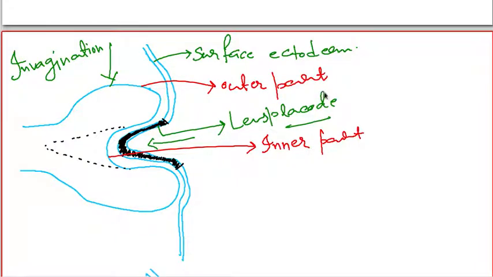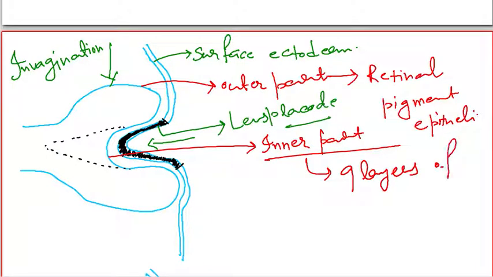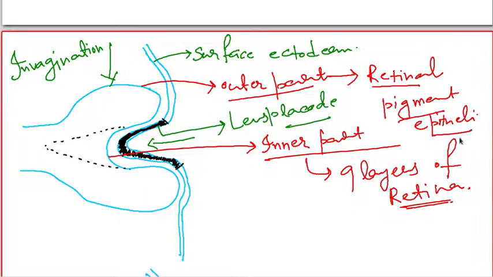The outer part will form retinal pigment epithelium, and the inner part is formed by the 9 layers of retina. It will give rise to retina, and the 9 layers of retina are from the inner part, and the outer part is of retinal pigment epithelium.